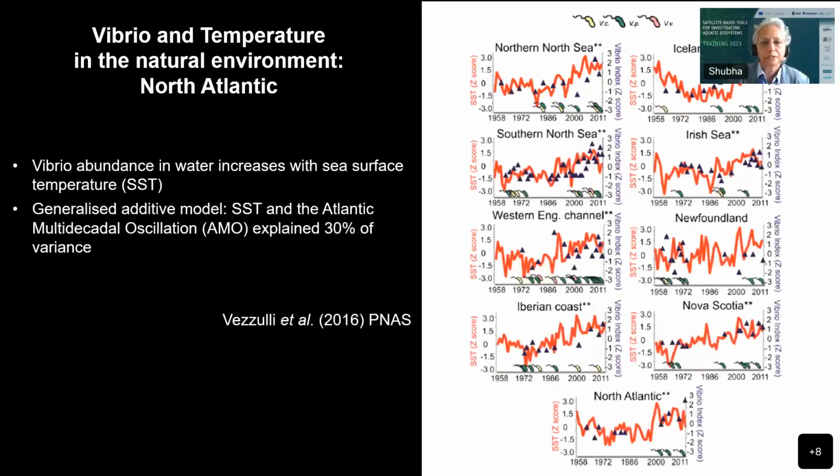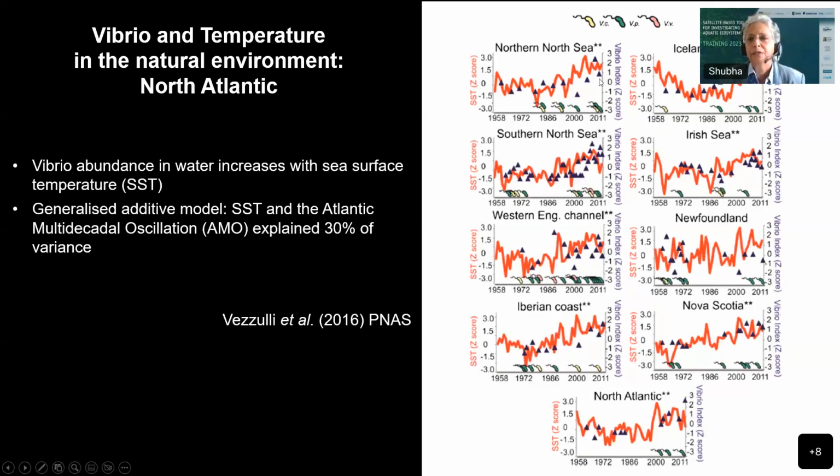There is a study that looked at the North Atlantic as a whole, and they showed that Vibrio abundance in the water increased with sea surface temperature. Using a generalized additive model, they showed that sea surface temperature and the Atlantic multi-decadal oscillation explained some 30% of the variance.